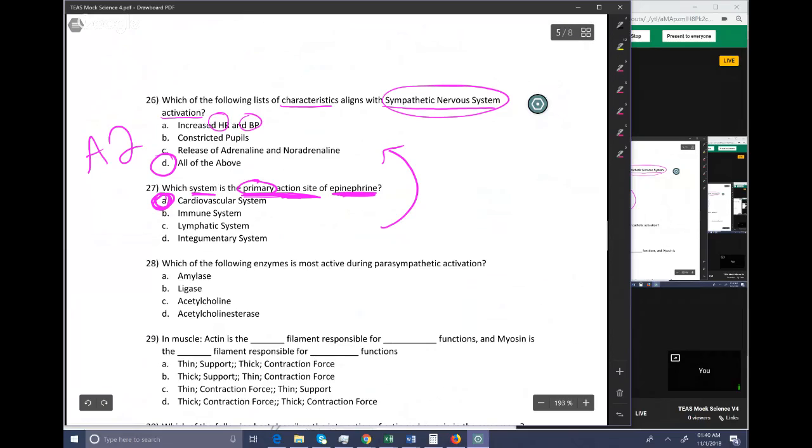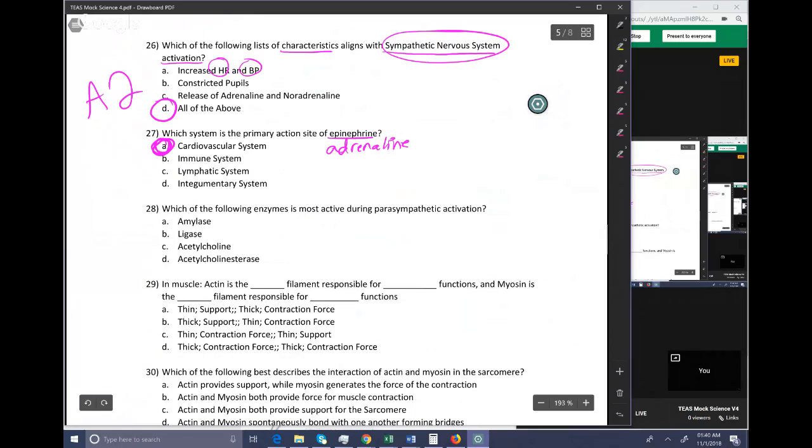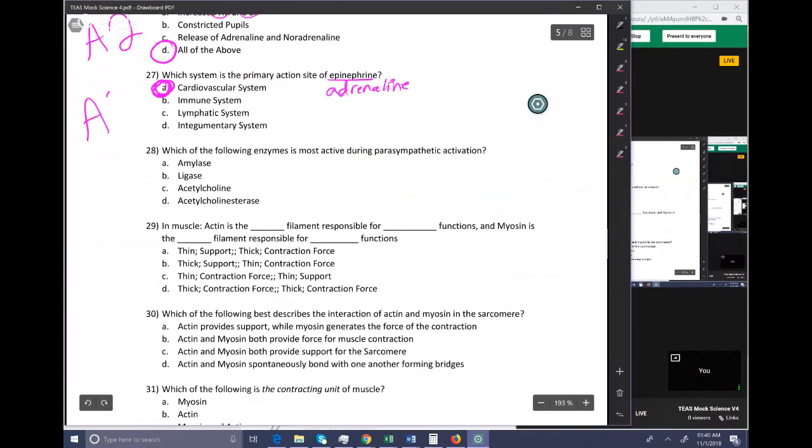Adrenaline and epinephrine are the same thing, and adrenaline has the most effect on the cardiovascular system. So a lot of the effects that we see have something to do with that system. That is from Anatomy 2, endocrine. And then 28 also goes along those same lines.